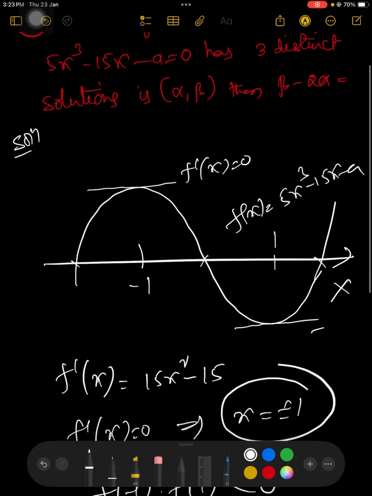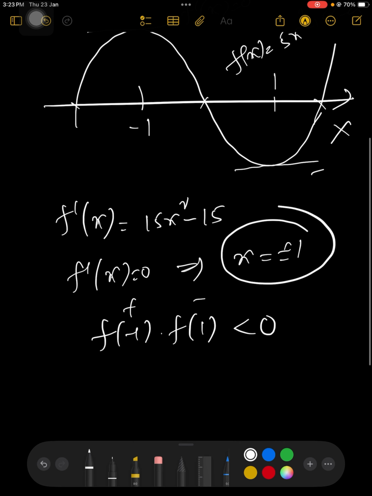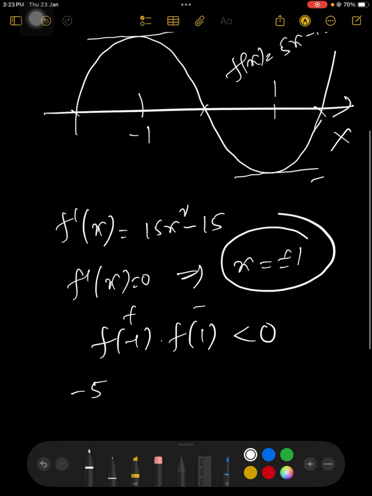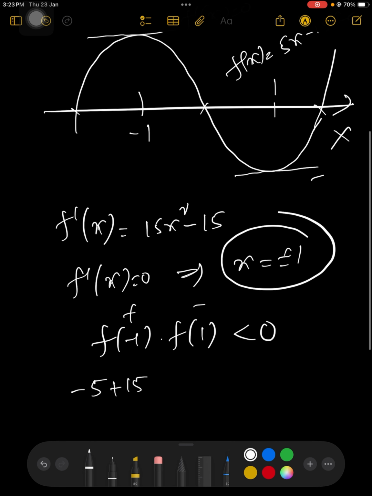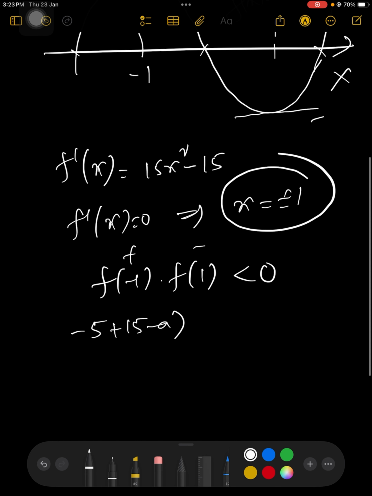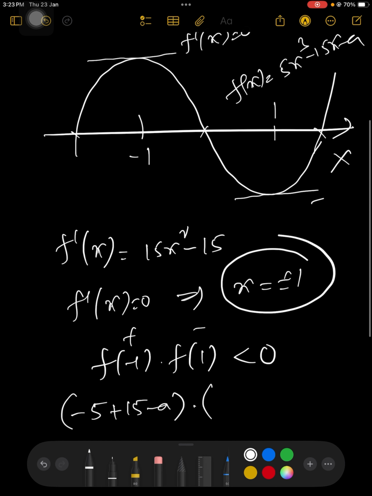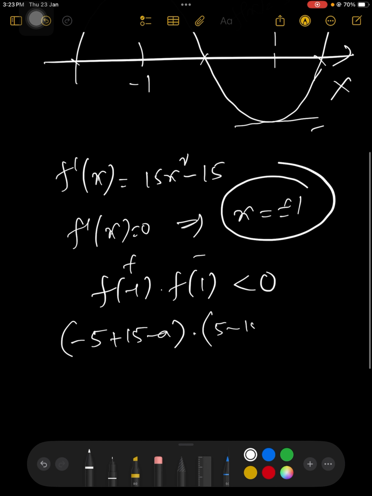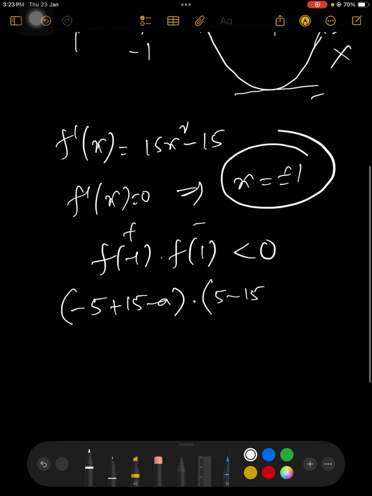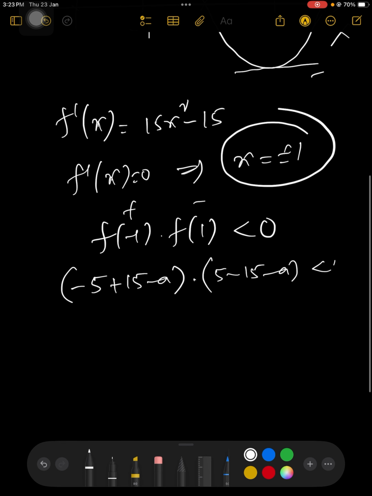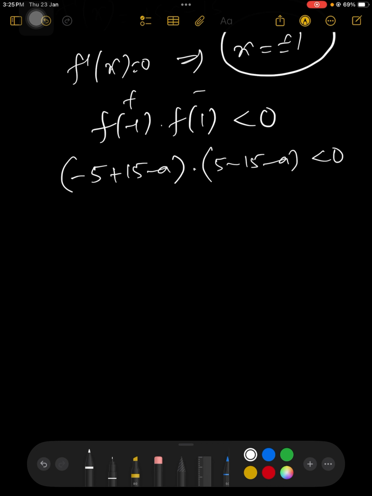Now f of minus 1 is minus 5 plus 15 minus A, into f of 1, which is 5 minus 15 minus A, less than 0. Then it is (10 minus A) into (minus 10 minus A) less than 0.